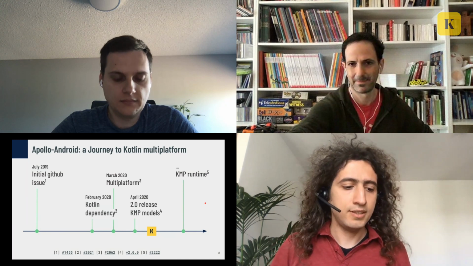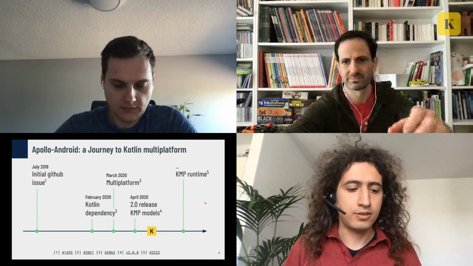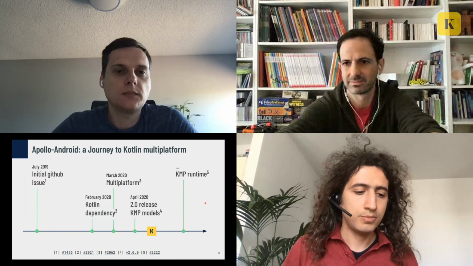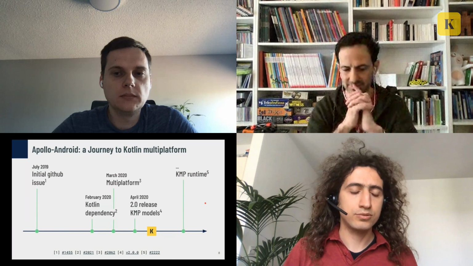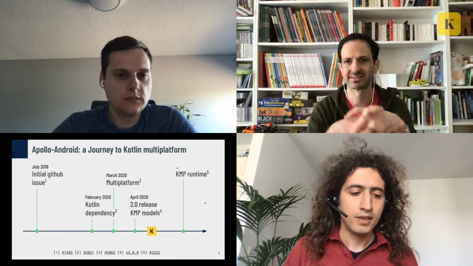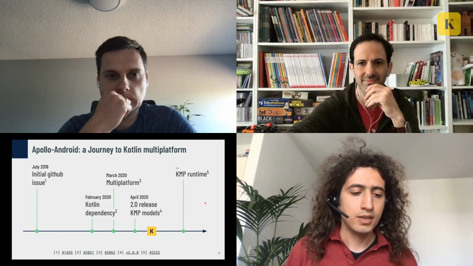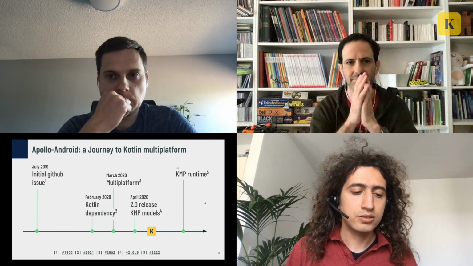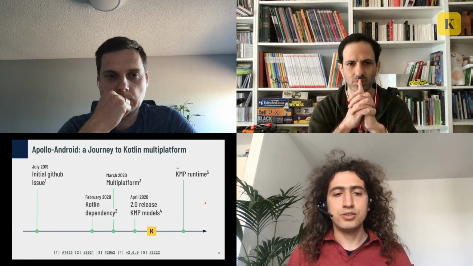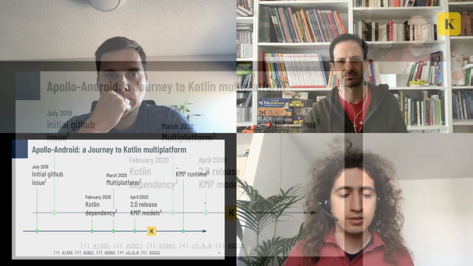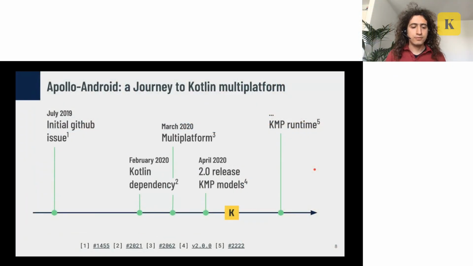So this is basically a timeline of our journey to move to Kotlin Multiplatform. The first GitHub issue was opened almost one year ago, and we will talk about more details, but a lot of preparation happened. In February this year, we added the first Kotlin dependency with a little bit of migration, and then the first multiplatform plugin was added in March this year.